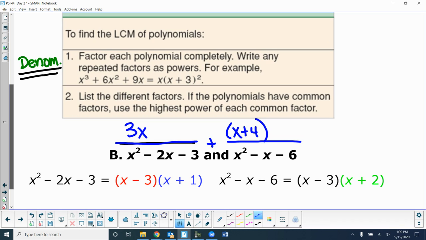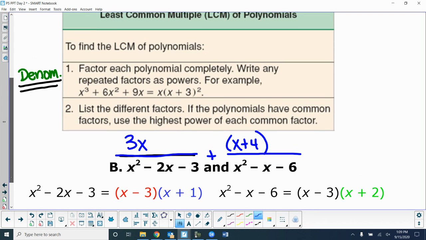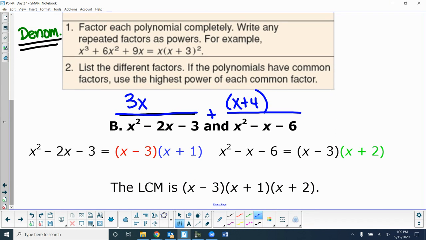I've got to write down an x minus 3. I've got to write down an x plus 1. There's another x minus 3. Do I need to write it again? No. Then an x plus 2 showed up. So my least common denominator, or they're calling it a least common multiple, of those two polynomials is those three factors.